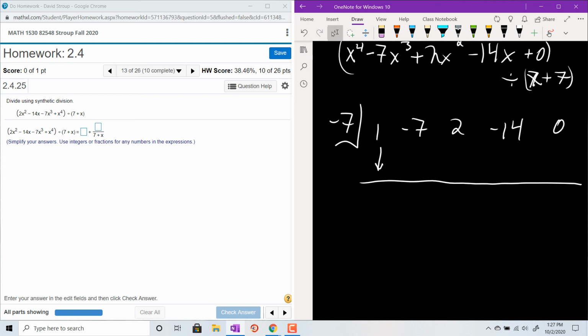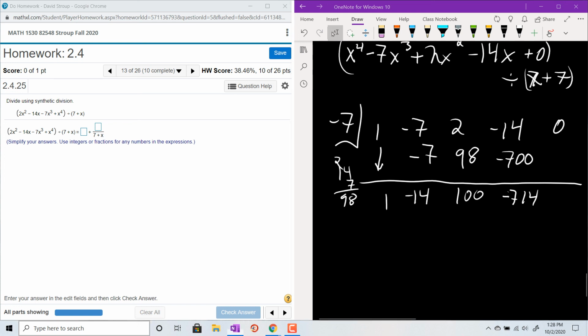Bring down your 1, and then negative 7 times 1 is negative 7, so that would be negative 14. And then 14 times 7 is positive 98, and then this will be 100, and this will be negative 700, and then this will be negative 714. Ugh, numbers are starting to snowball on me.